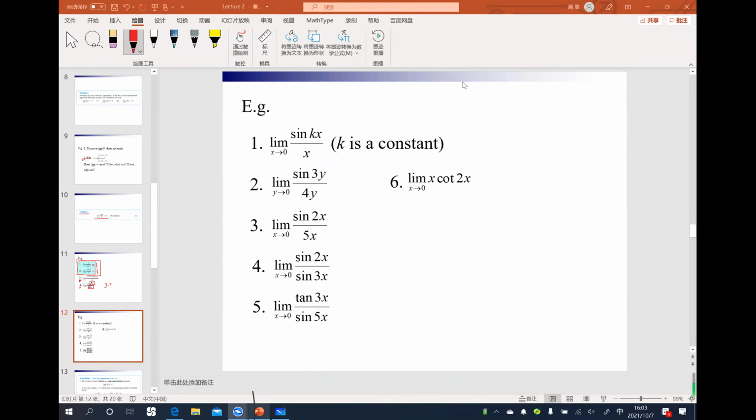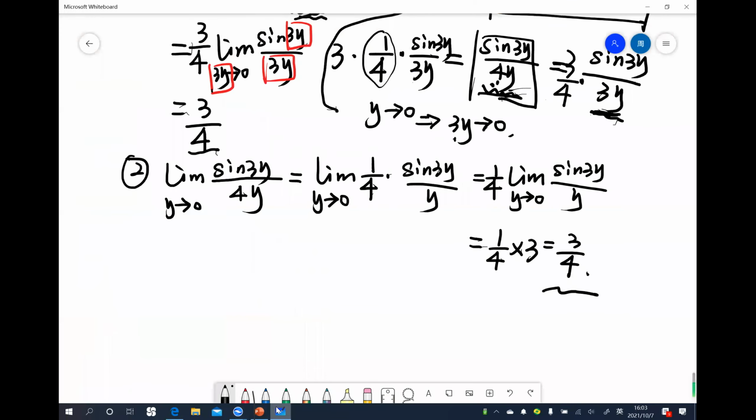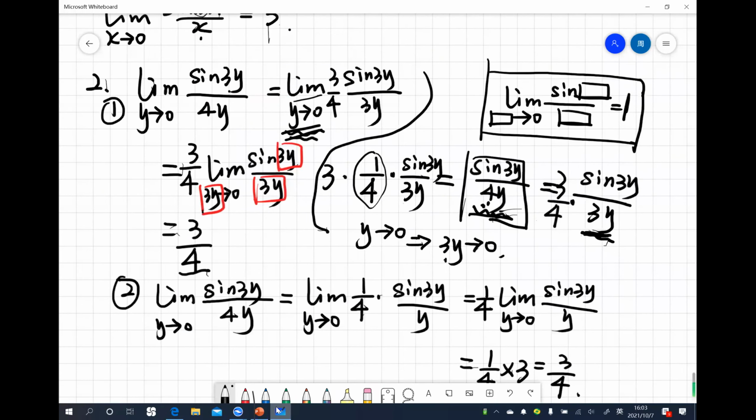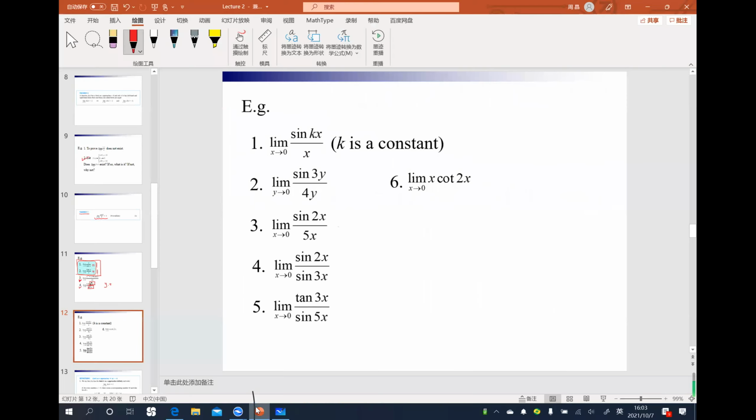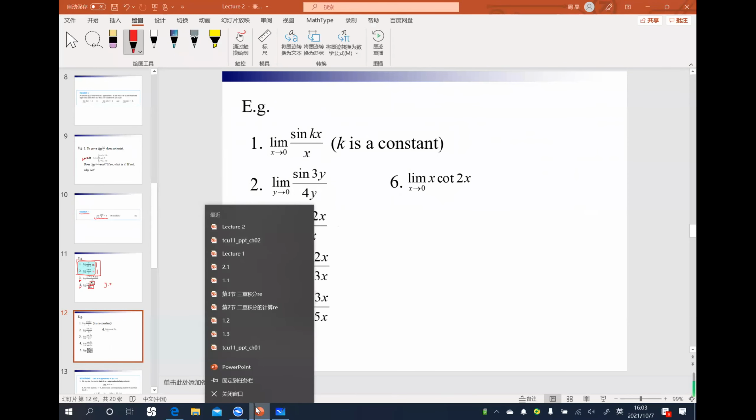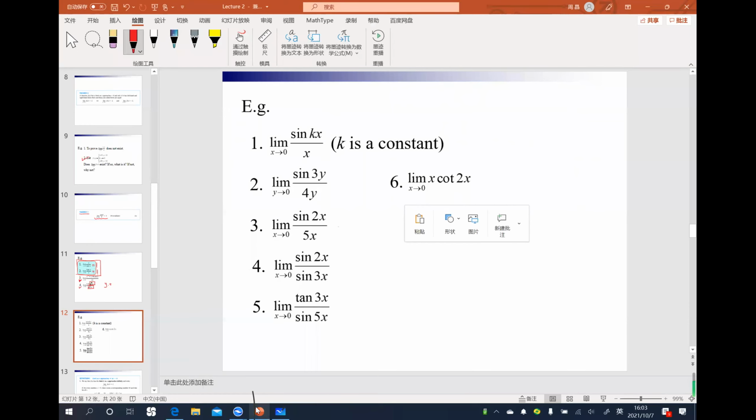Yes, why 2 by 5? Of course, there are 2 ways to solve it, right? Here I choose the second way, and that is simpler.